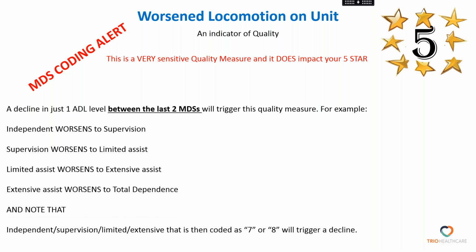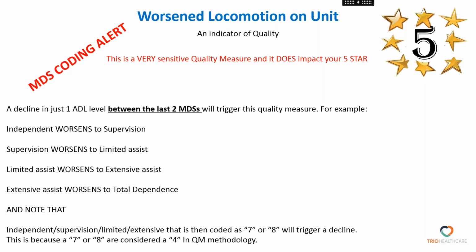And you should note that independent, supervision, limited or extensive on one MDS that is then followed by a code of a 7 or 8, meaning that they no longer had locomotion on the unit because they weren't out of bed, or a 7, it only happened 1 or 2 times, will also trigger a decline.